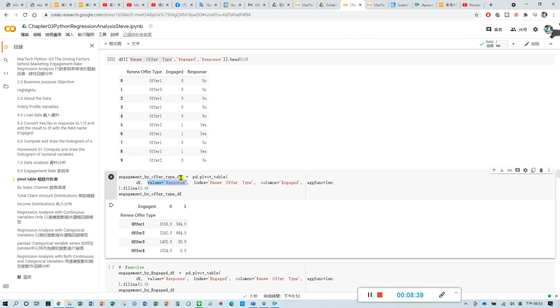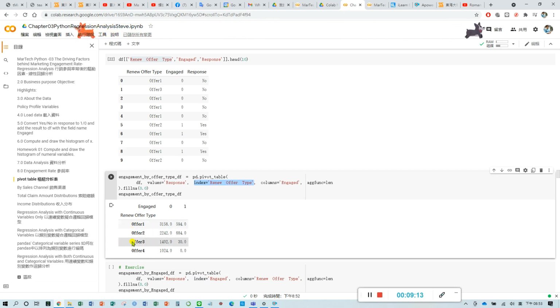We have to calculate the count for the response. So what is the index? Index is the row index. So how many types of renew offer type? There are only 4 renew offer types: offer 1, offer 2, offer 3, and offer 4.